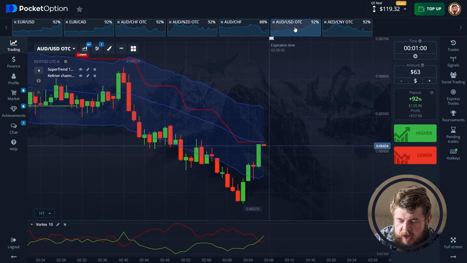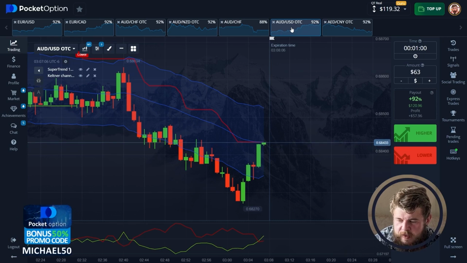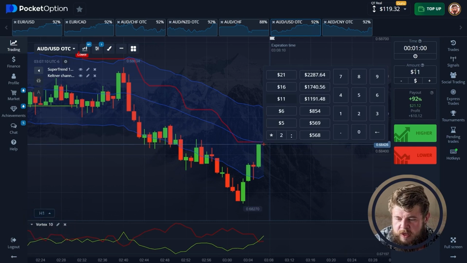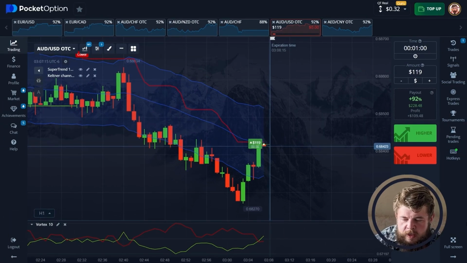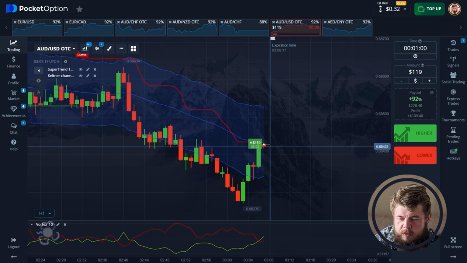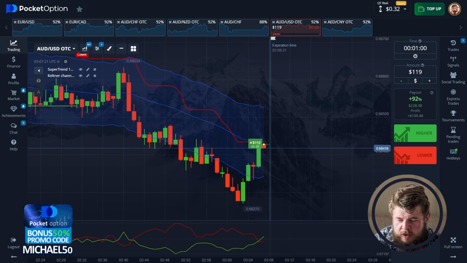Okay, let's check out the USD and what can we find interesting here. According to the current movement, price is hitting the middle line of the Keltner channel right now. And I guess we're highly likely to break through it, so that's why I have opened buy position here, investing $119.